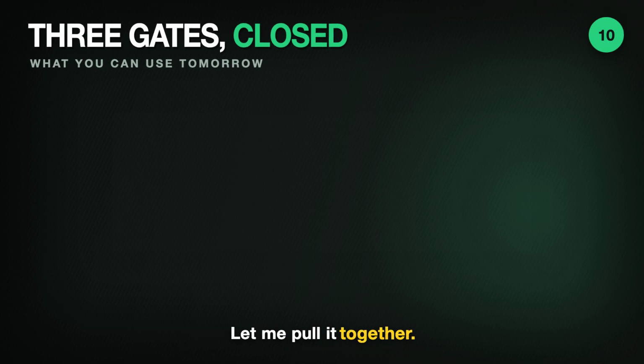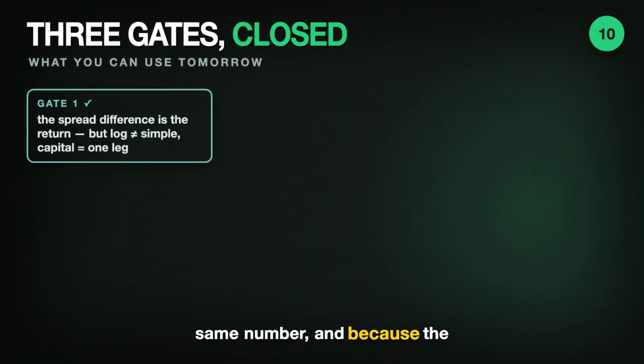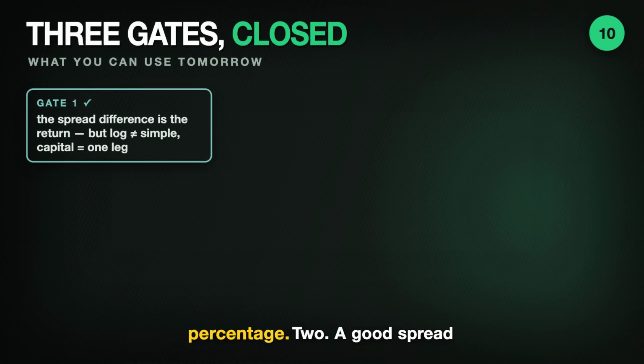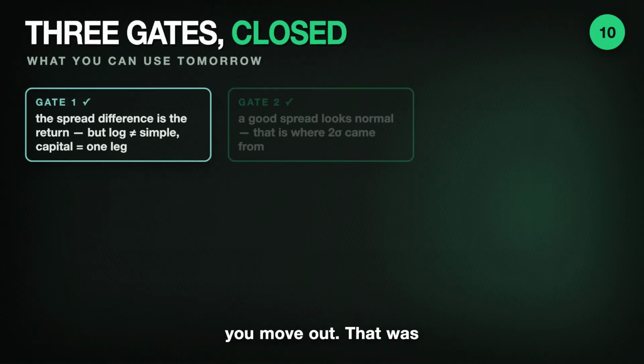Let me pull it together. 3 gates. 1. The difference in the spread really does match the return in your account. But log returns and simple returns are not the same number, and because the capital base is only the long leg, leverage inflates the percentage. 2. A good spread resembles a normal distribution, clustered near zero, symmetric, thinning as you move out.